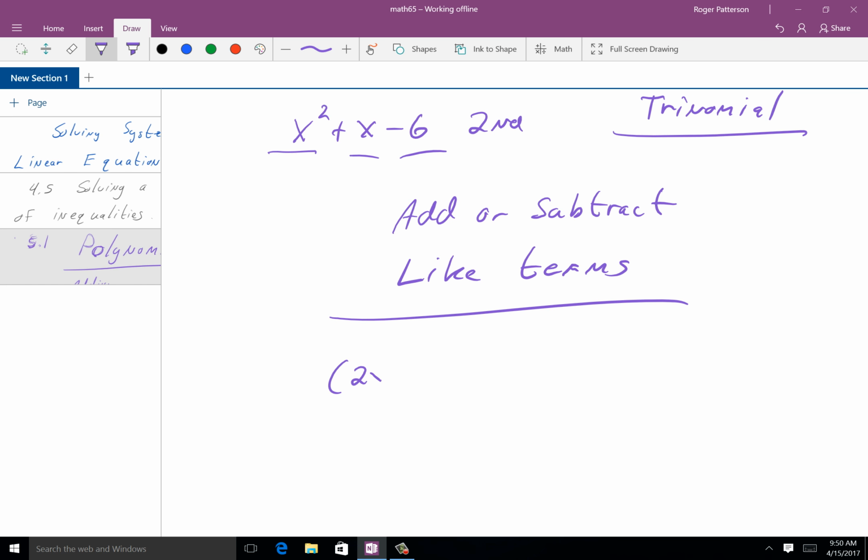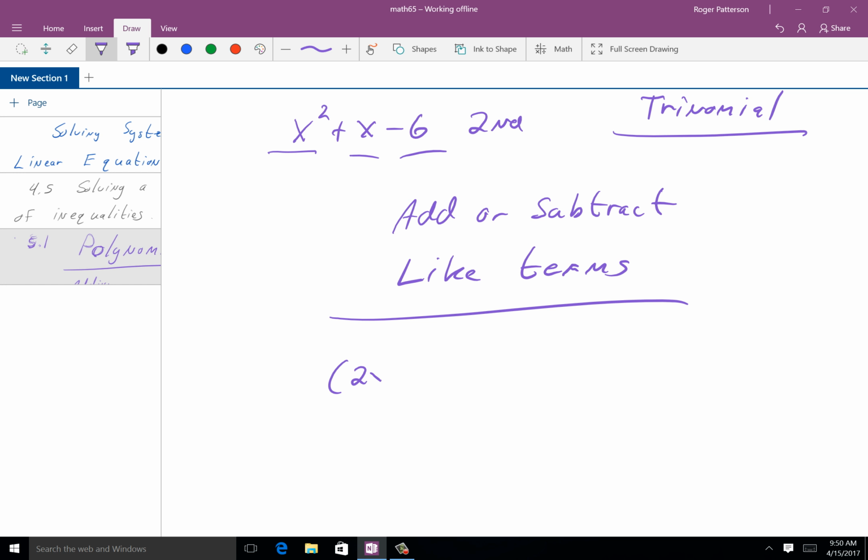Now let's do a subtraction one. Okay, combining like terms again, x squared, x squared.